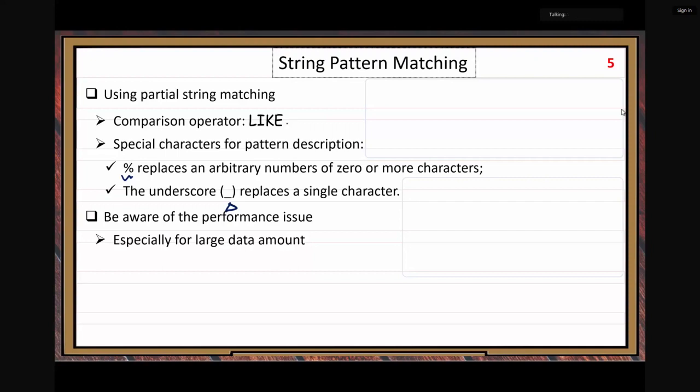If the text body is relatively large, the search is relatively slow. You need to be aware of that, especially if you run this operation on many rows. Think about a large number of rows, not just one. Think about how slow it will be.